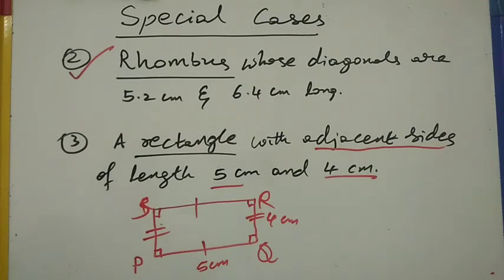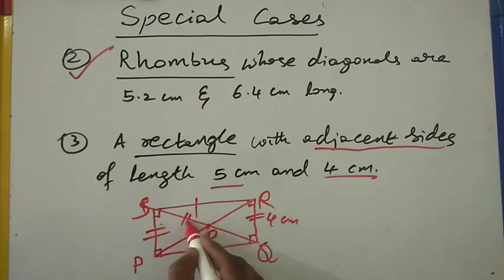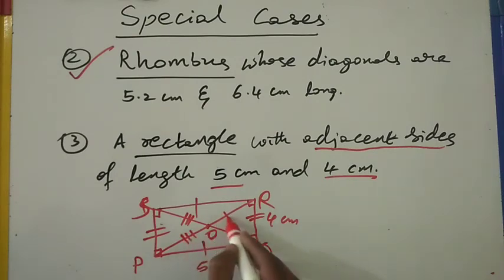And apart from this, what are the specialities of a rectangle? In a rectangle, diagonals are equal. And what is the other speciality? Diagonals bisect each other, but not at right angles. So, these are the specialities.